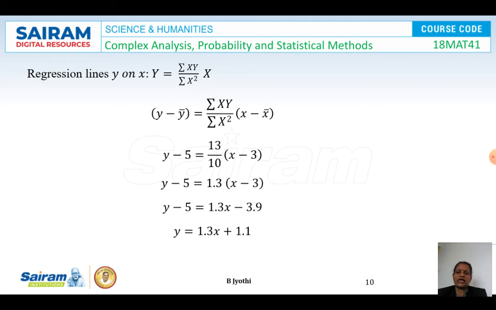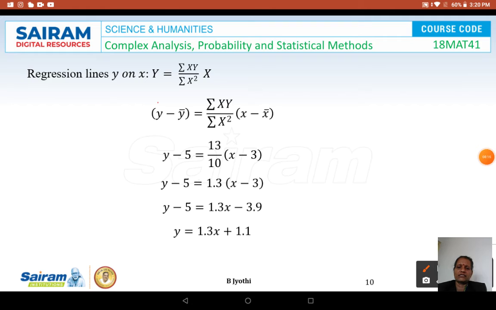So the regression line y on x is given by the formula y minus y bar is equal to sigma xy by sigma x square into x minus x bar. And we know that y bar is 5 and x bar is 3 and summation xy is 13 and summation x square is 10.